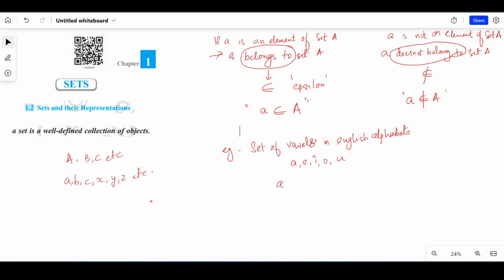Let V be the set of vowels in the English alphabet. Then the characters included in that set will be a, e, i, o, u. So a is an element of set V. But can we say b belongs to this set? No. So we can write b does not belong to this set V, that is, the set of vowels.